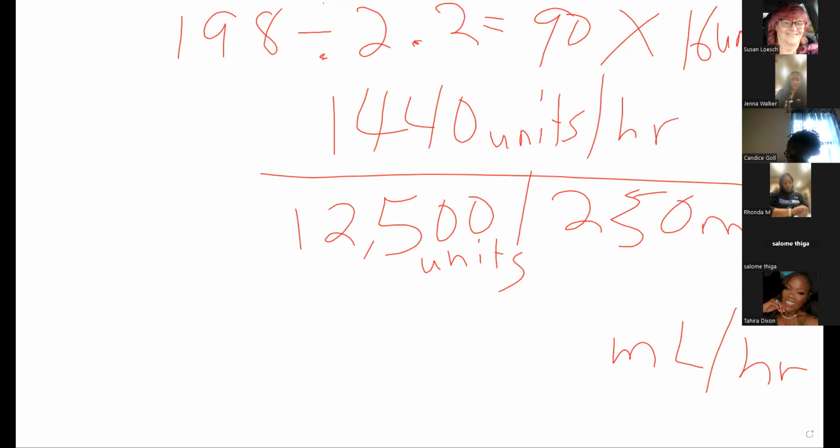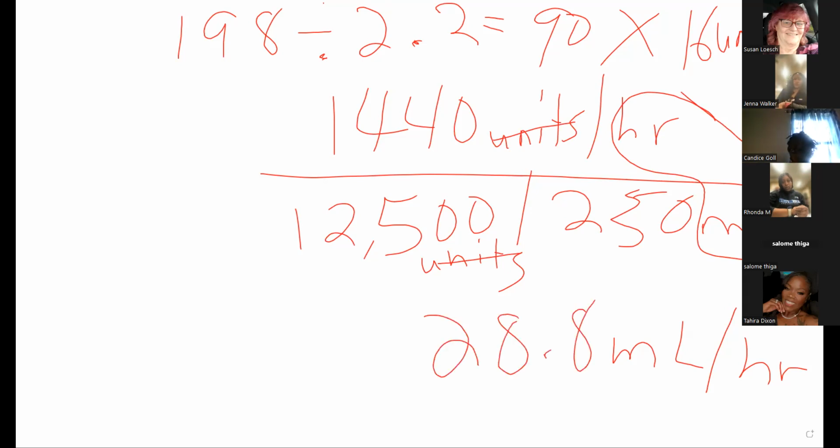That times the 16, that gave us 1440. Crossing out the units, that will leave us with mLs per hour. And now you just have to do the math. So we're going to divide it by the 12,500 and multiply it times the 250. And that should give you 28.8.